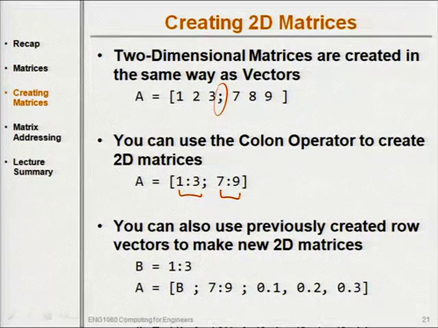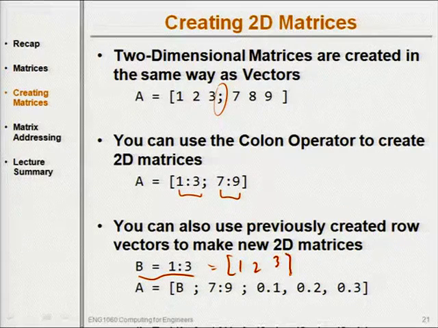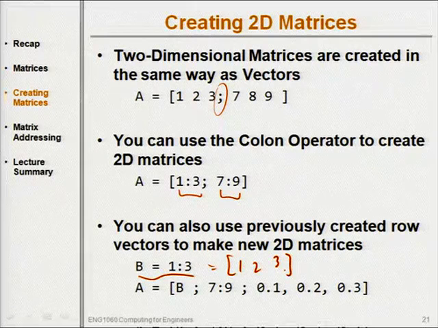You can also use a previously created vector to make a 2D matrix. Or you can use a vector to make another vector. For example, if we have B equals 1 colon 3, so basically B equals 1, 2, and 3. So B is a variable that contains some form of information. In this case, that information is a vector. You can use that information in another vector.